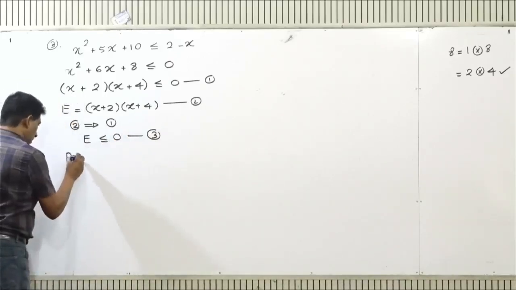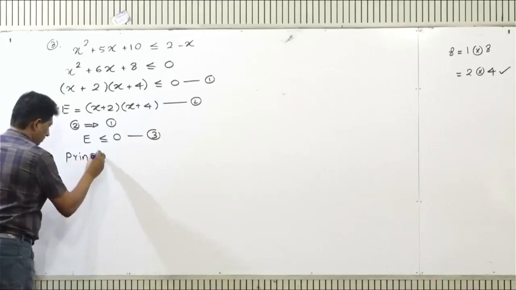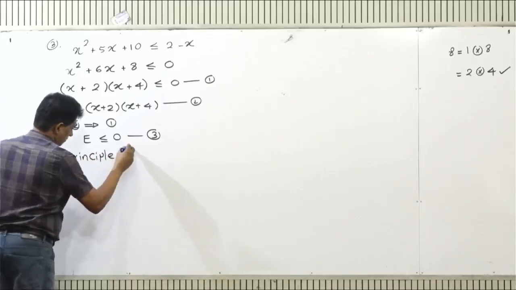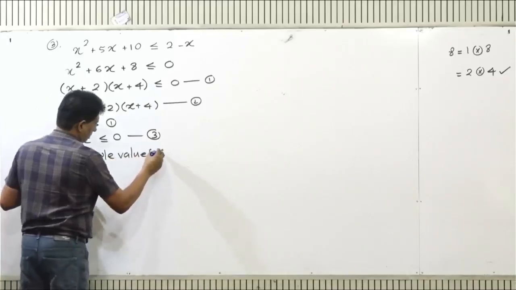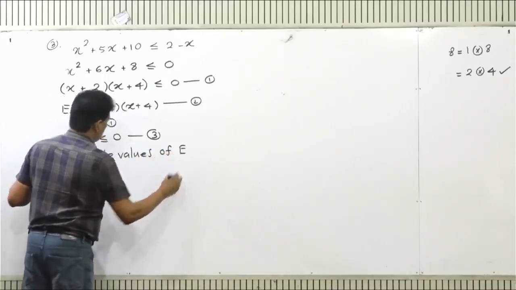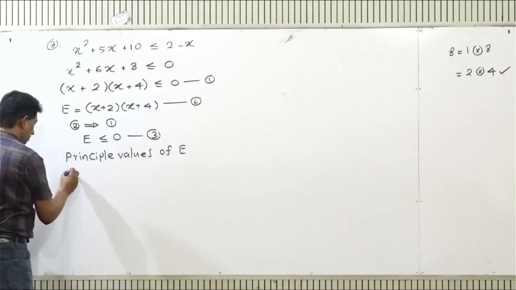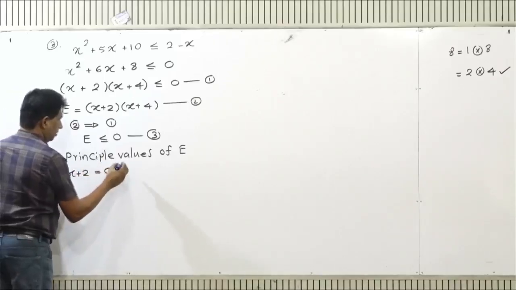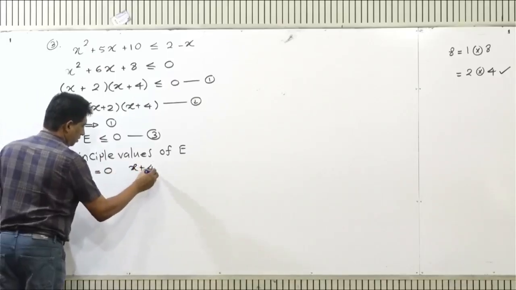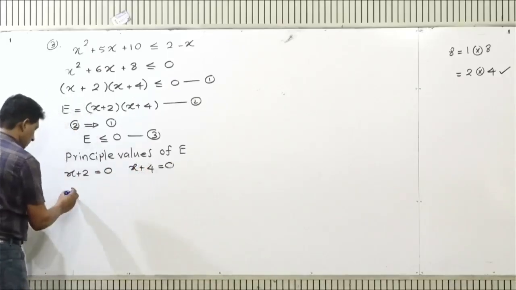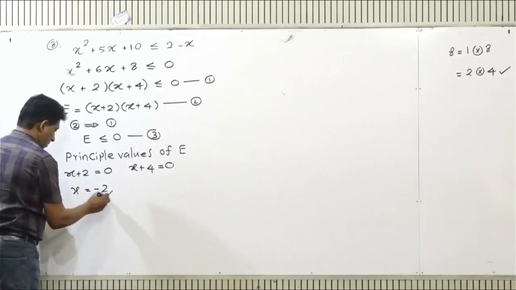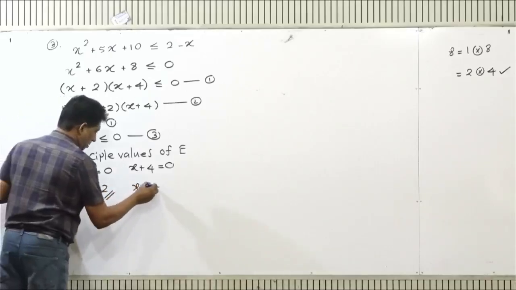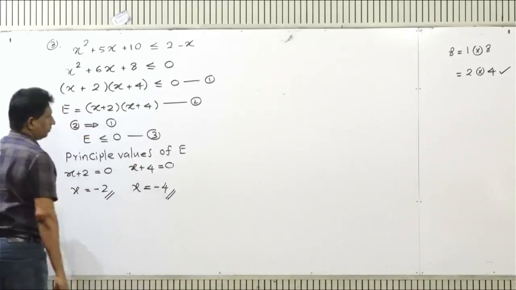Now we have to find the principal values. So we equate x plus 2 to 0 and x plus 4 to 0. From here we get x is minus 2, here x is minus 4.